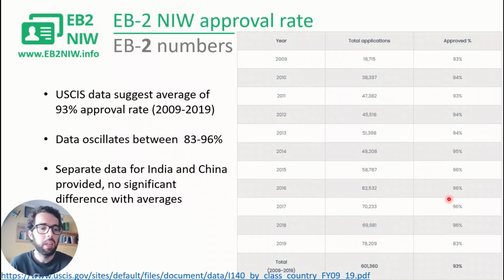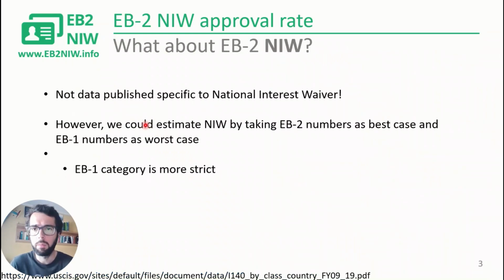So to estimate the NIW numbers, what I did again is, since we only have EB2 global, then I took the EB1 numbers, which is the next category, the highest category for employment based. And since that must be harder to get, then if we can estimate EB1 and EB2, then EB2 NIW should fall somewhere in between.